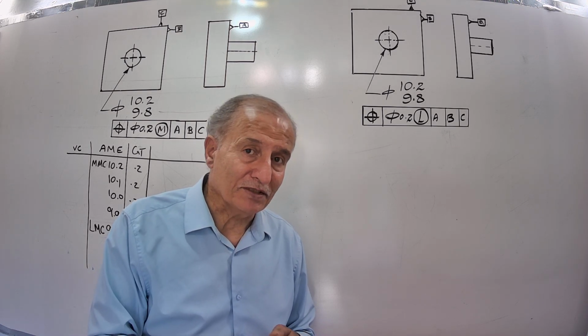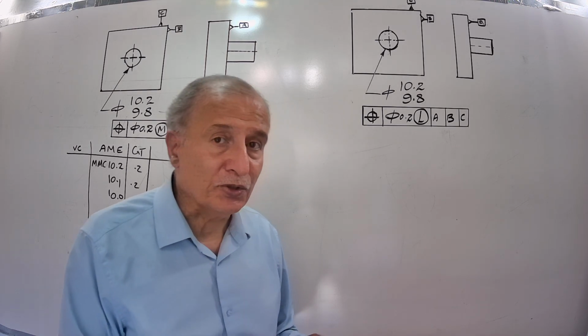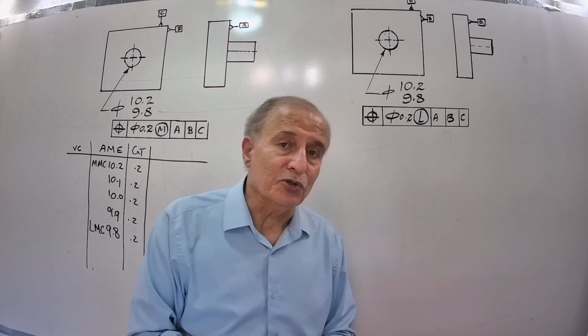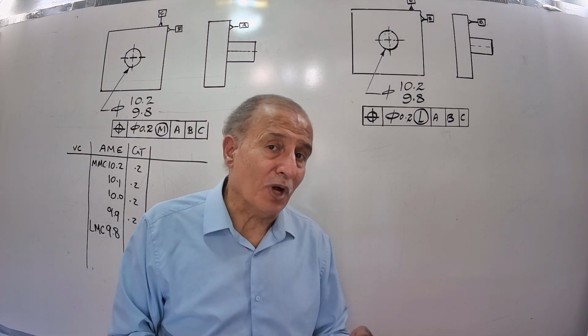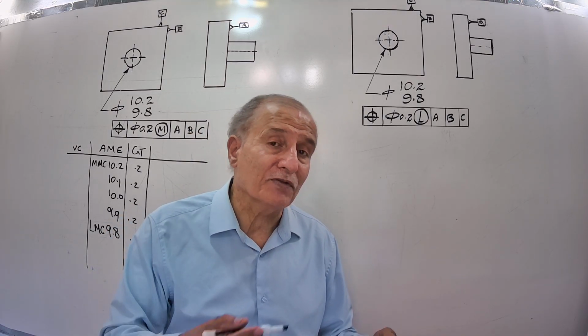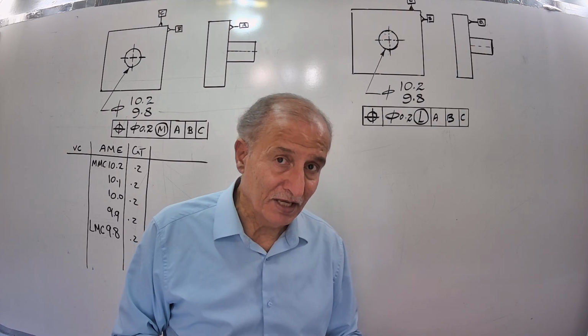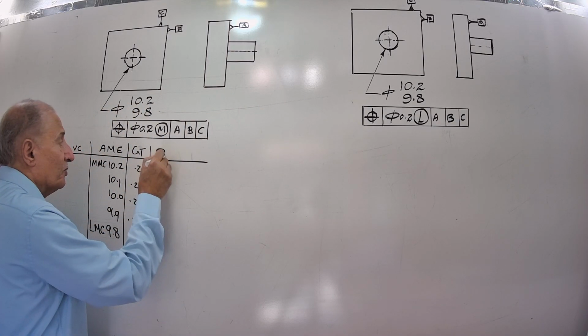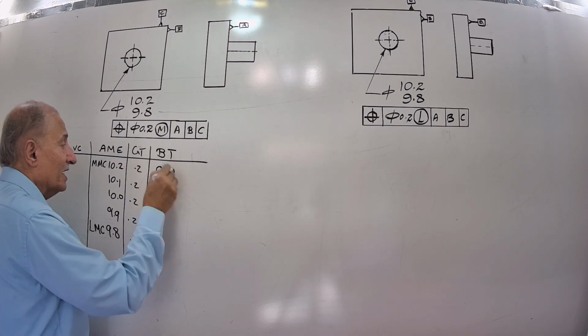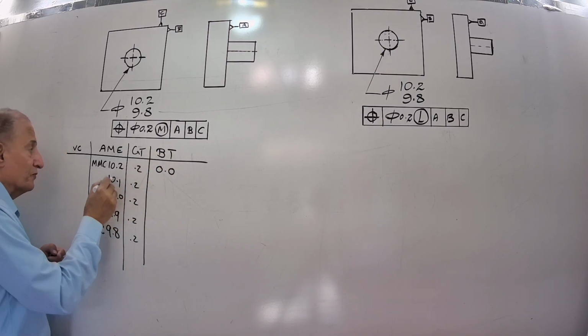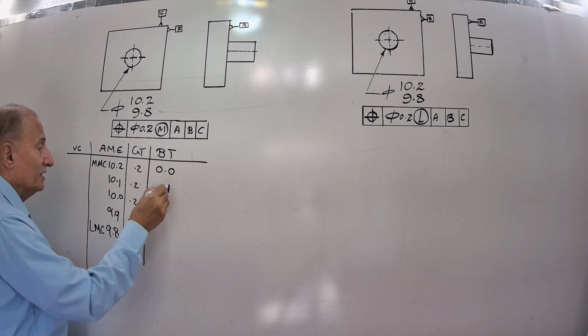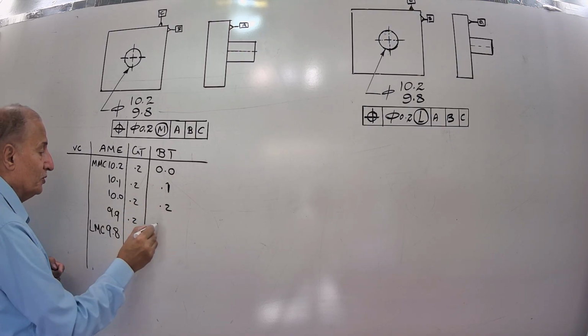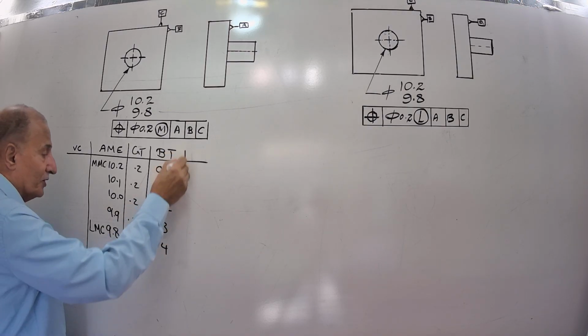The third message that it sends is that the bonus is permitted. Bonus tolerance means that manufacturer, if you produce at 10.2, you are allowed to have 0.2 error. But if you depart from 10.2 MMC size, you can have a bonus here. Then bonus tolerance is 0 at MMC and departure from MMC 0.1, 0.2, 0.3, 0.4.